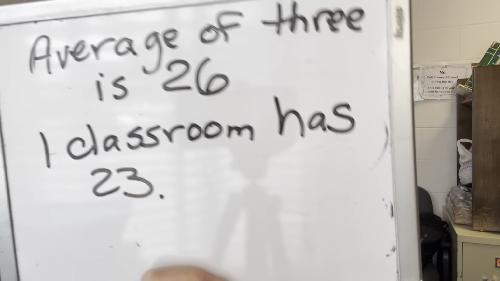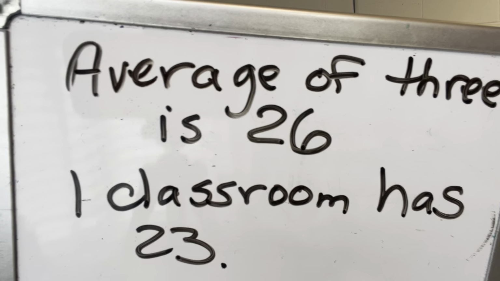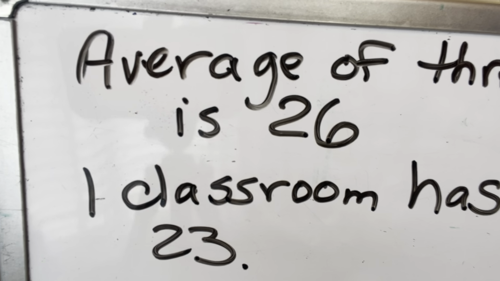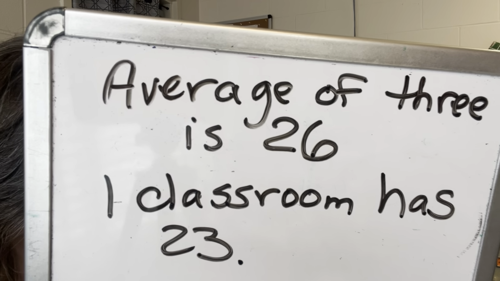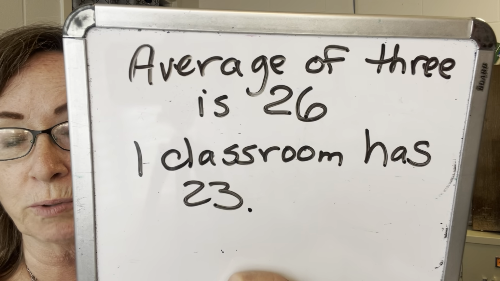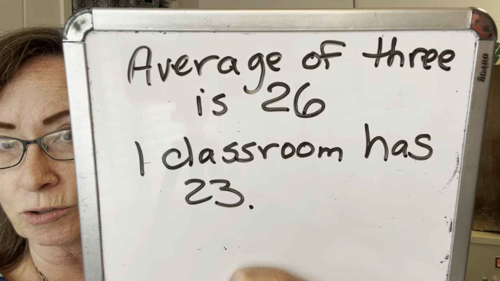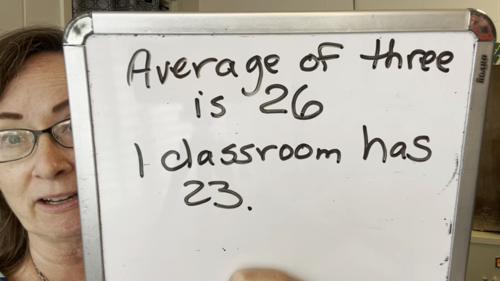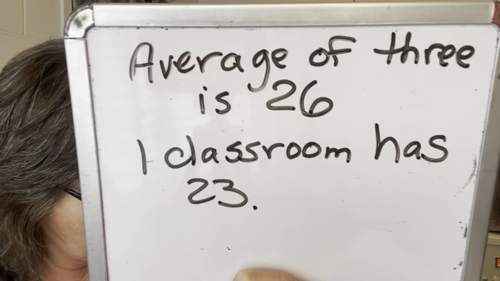At least one classroom has fewer than 23 students. No, because 26 is the average. Let me show you what we have on the screen. The average is 26, and one of the classrooms has 23. So A cannot be right because it says that there has to be one more room that is below 23. We need something higher as a must, okay?